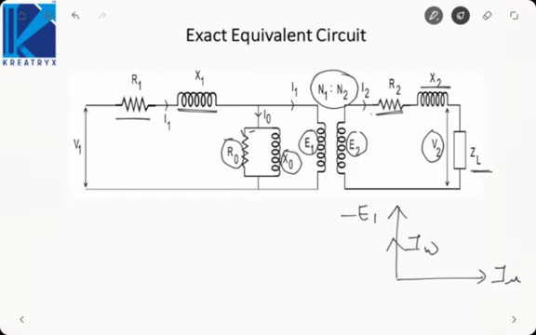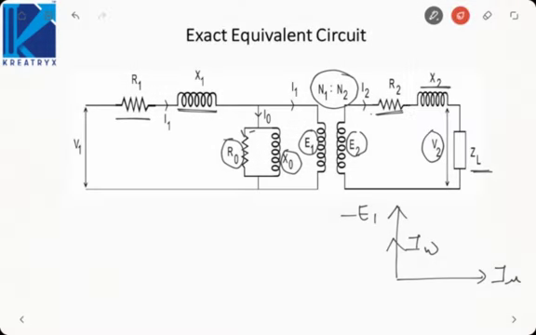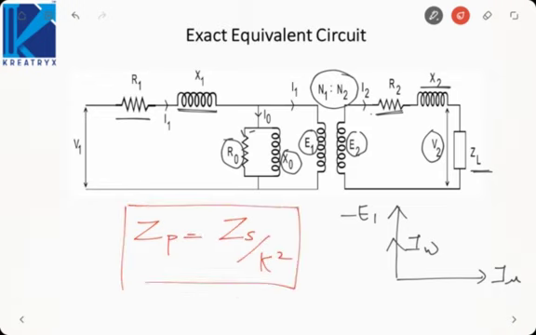Then what to do is, why not refer the entire circuit on one side of the transformer? I know if we transfer the secondary impedance to the primary, then Z primary can be written as Z secondary by K square. That relation we derived just now, where K is nothing but N2 by N1.